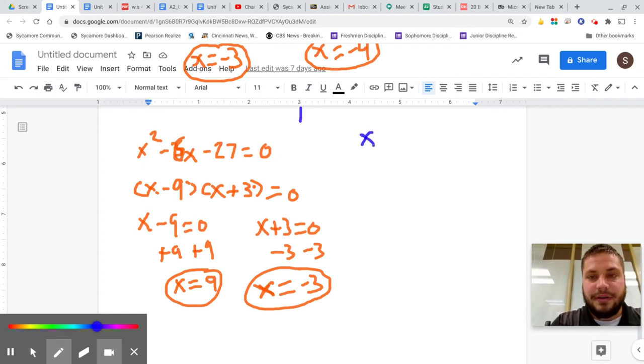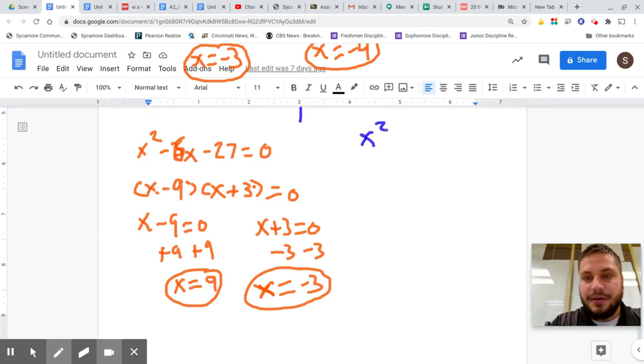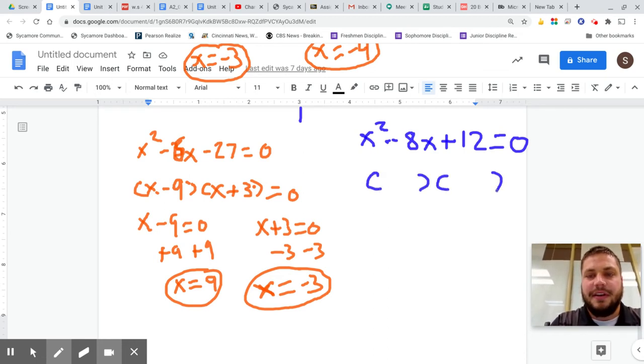Let's go x squared minus 8x plus 12. So now I'm looking for two numbers that multiply to be positive 12 but add to be negative 8. If two numbers multiply to be a positive number, they're either both positive or they're both negative.